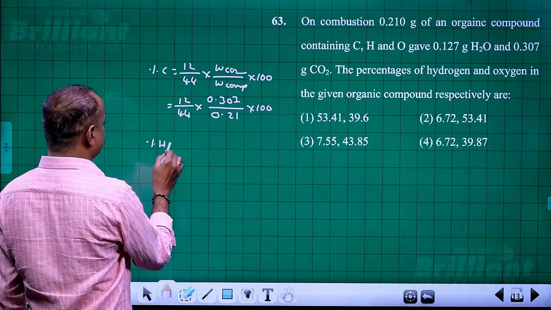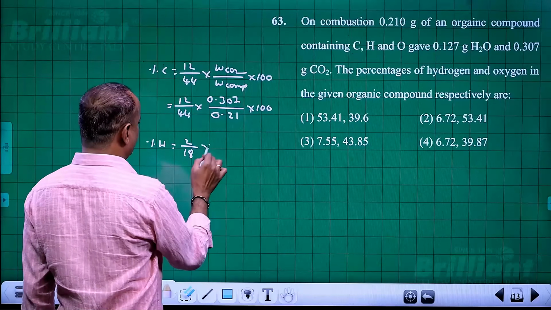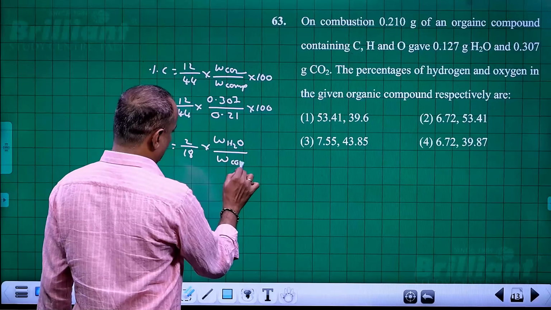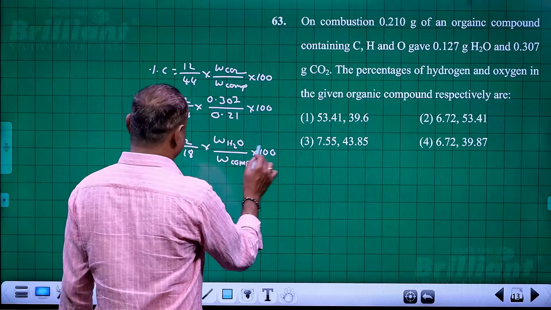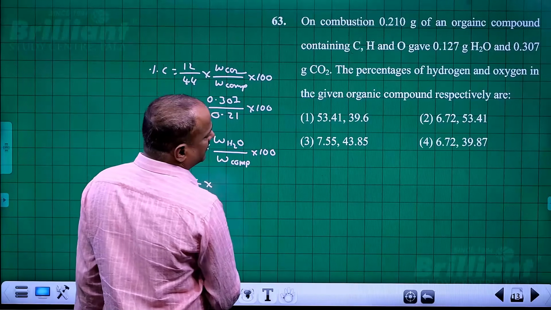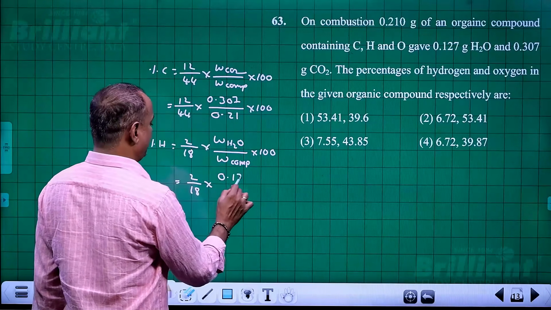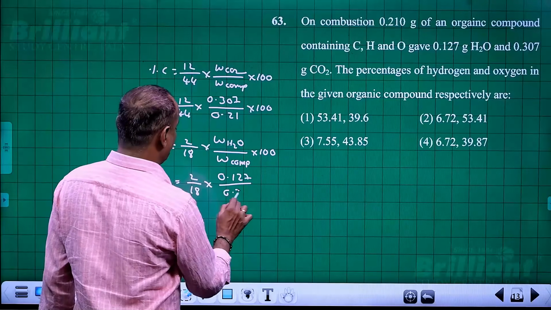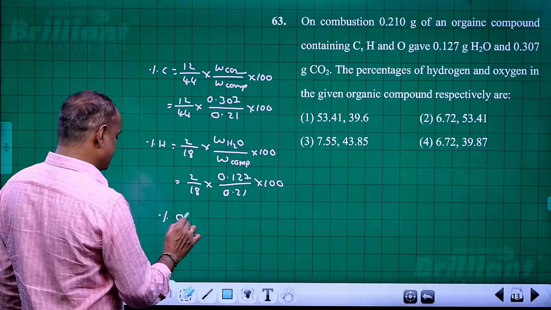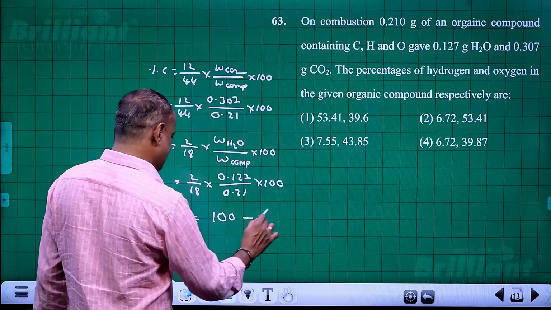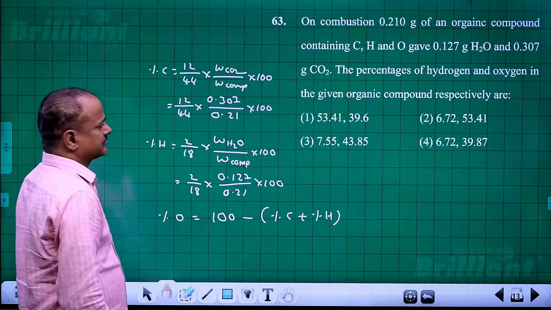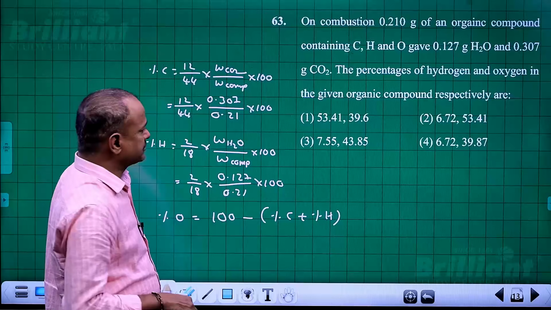Similarly, percentage of H is equal to 2 by 18 into mass of water by mass of compound into 100, that is 2 by 18 into 0.127 by 0.210 into 100. Percentage of oxygen is 100 minus percentage of C plus percentage of H. That gives on solving option 2.